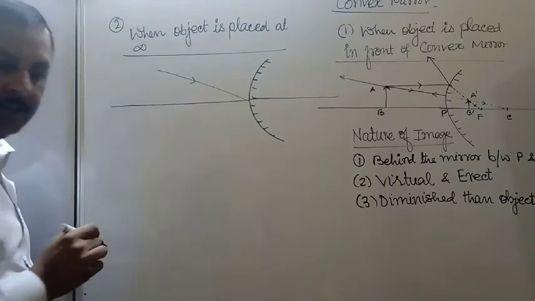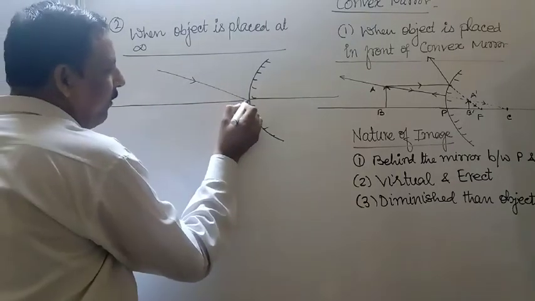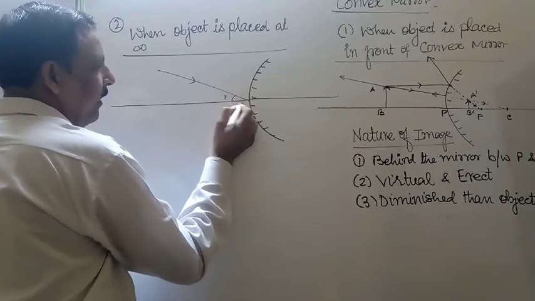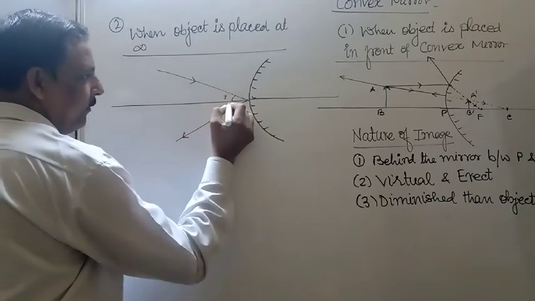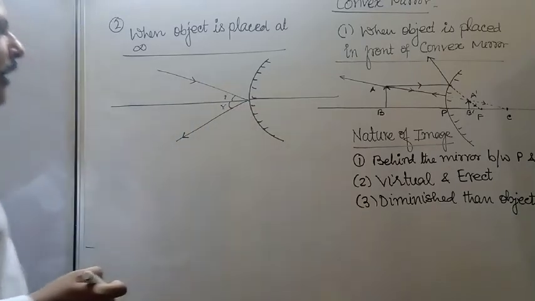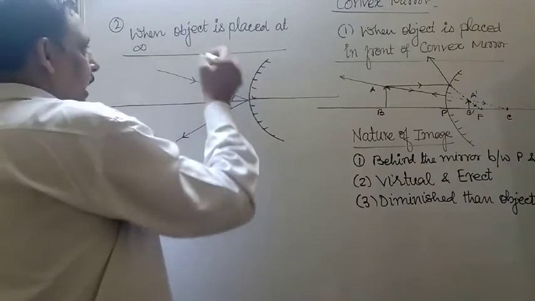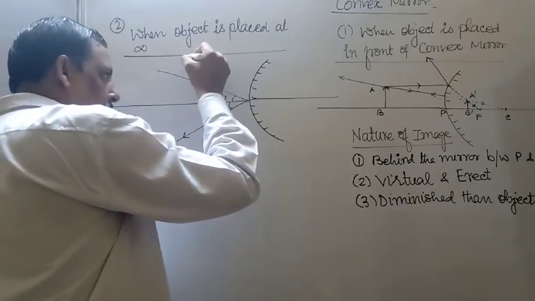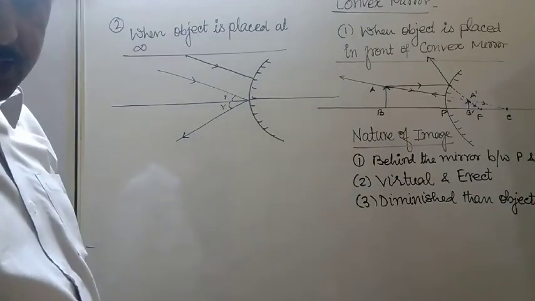Say these rays are coming. The ray which comes at angle i will go at angle r, obeying the laws of reflection. Another ray which also comes parallel will come towards the center of curvature.